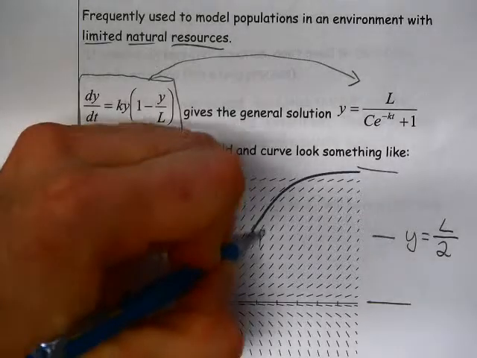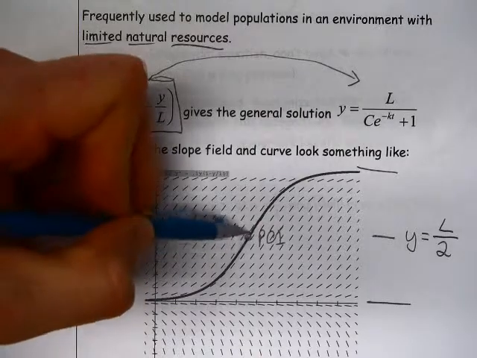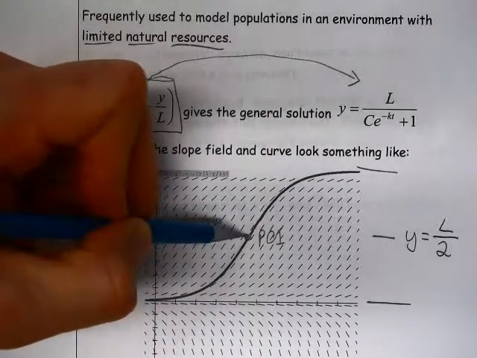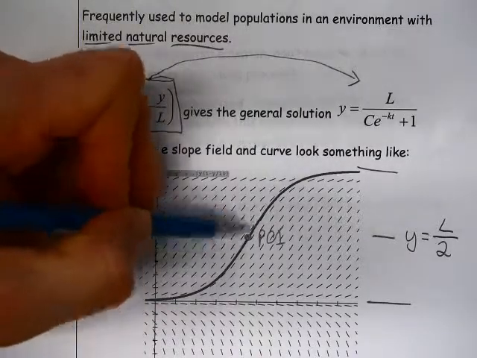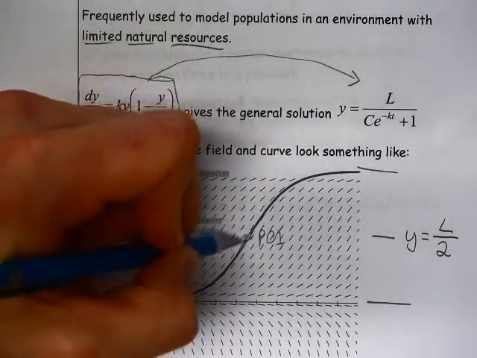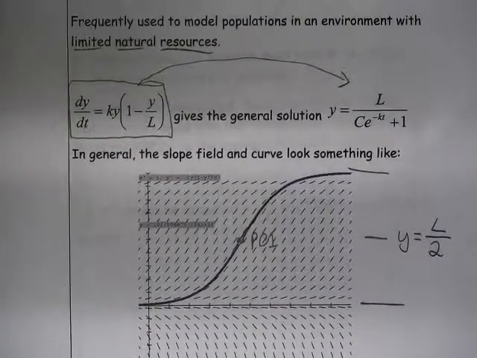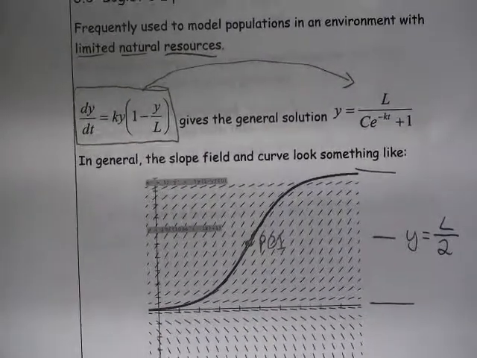And we have a point of inflection here, and that's also the place where the slope is the steepest. The slope of the population is the steepest relative to time. So this is dy dt at its maximum right here at y equals L over 2. All right, so those are some of the really important things that you need to remember about the logistic equation.